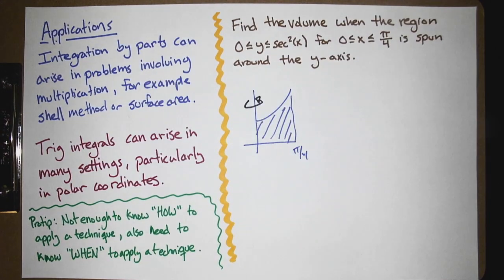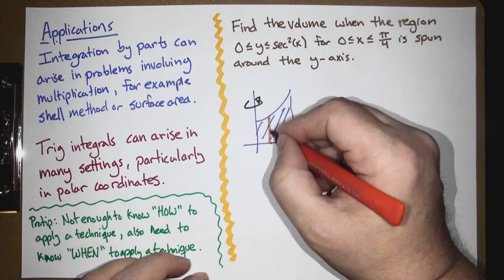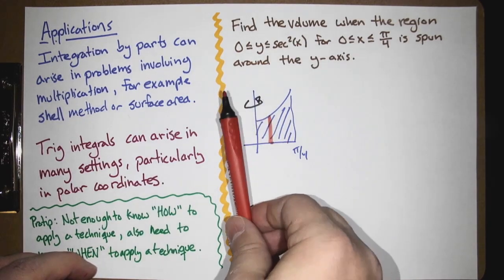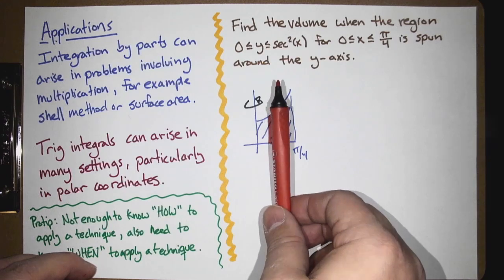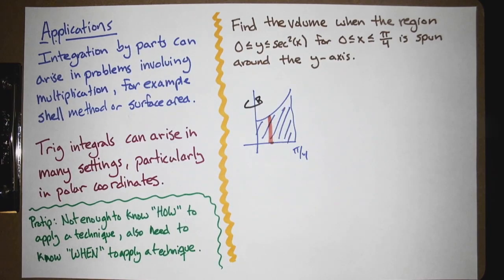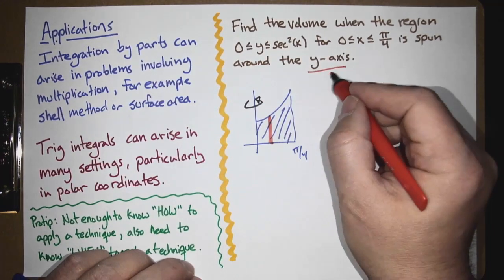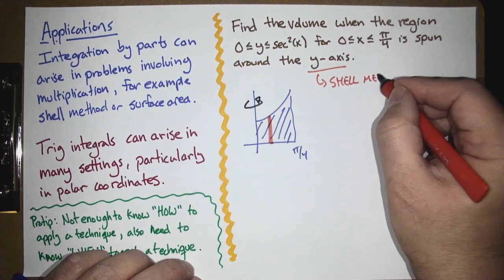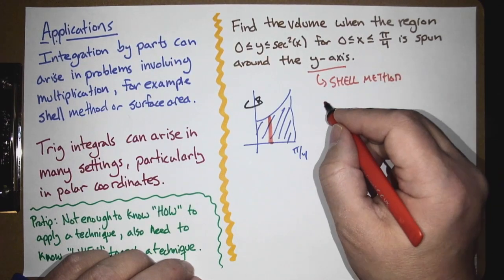What technique should we be using? Well, let's assume we do it how the problem is presented. It presents itself in terms of x, functions of x. That means vertical slicing. If we spin this way, what are we making? Shells. So the y-axis would be the shell method. And we say, hey, we know how to do that.